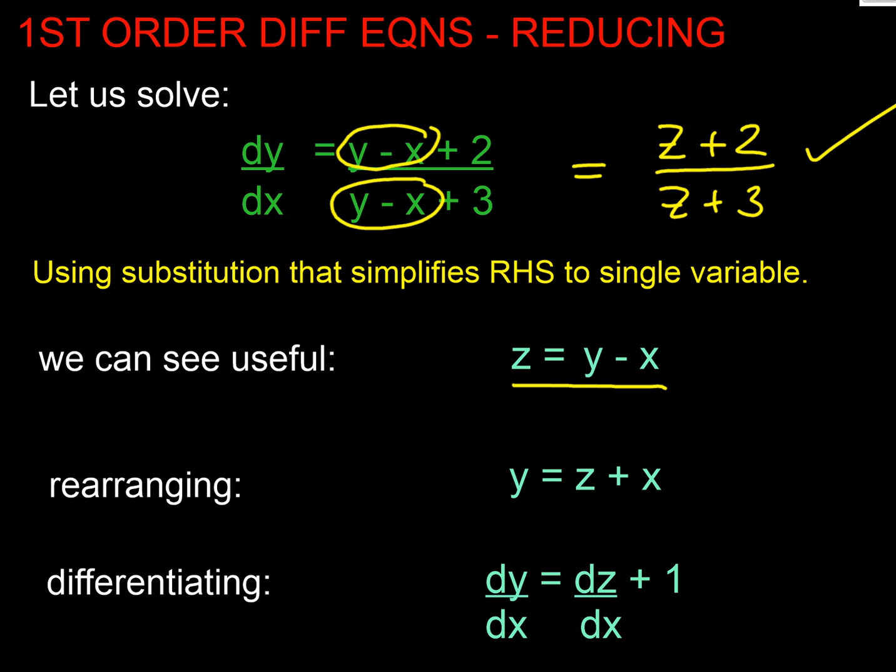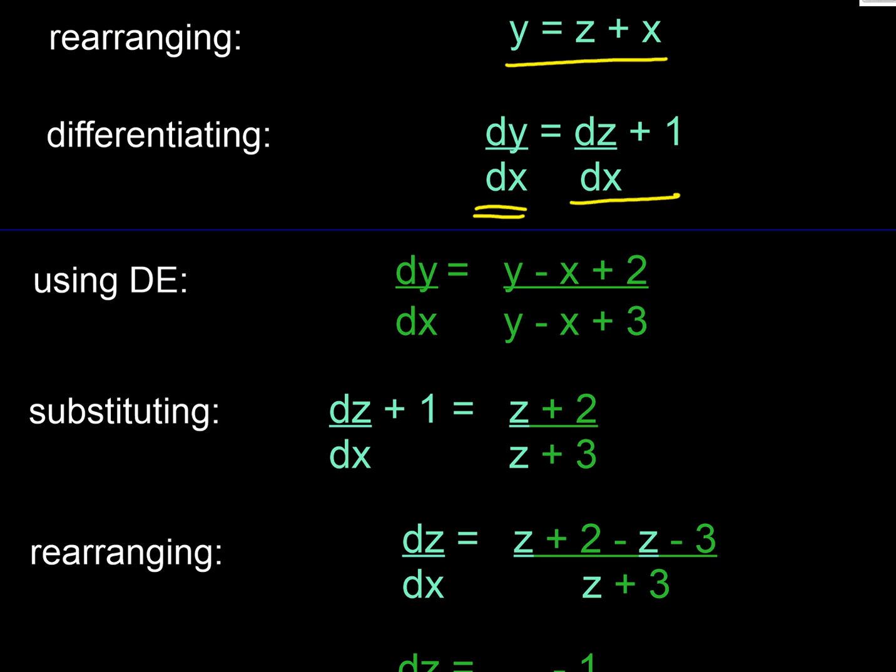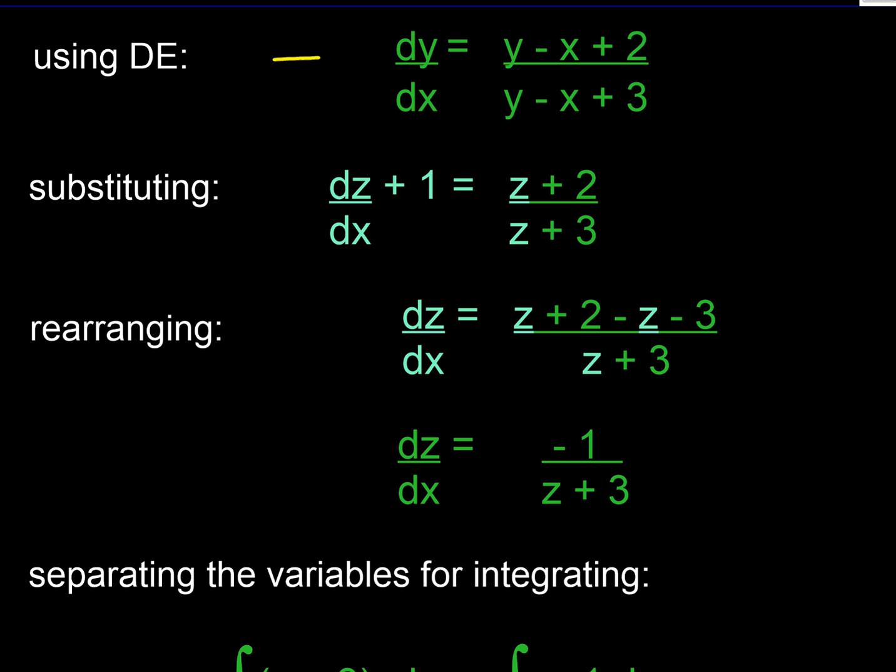So using that substitution, z equals y minus x, I can rearrange that to get y equals z plus x, and that means that I can get an equivalent for my dy by dx, because it must equal dz by dx plus 1. Now I've got all the bits that I need to substitute into my differential equation and convert it from an equation in y and x into an equation in z and x.